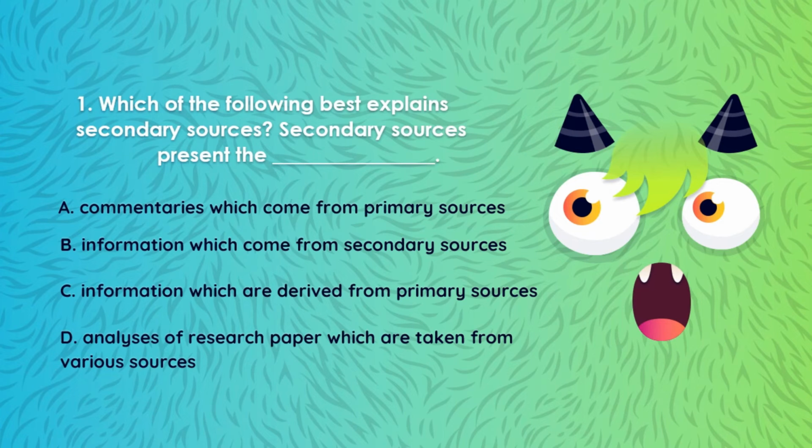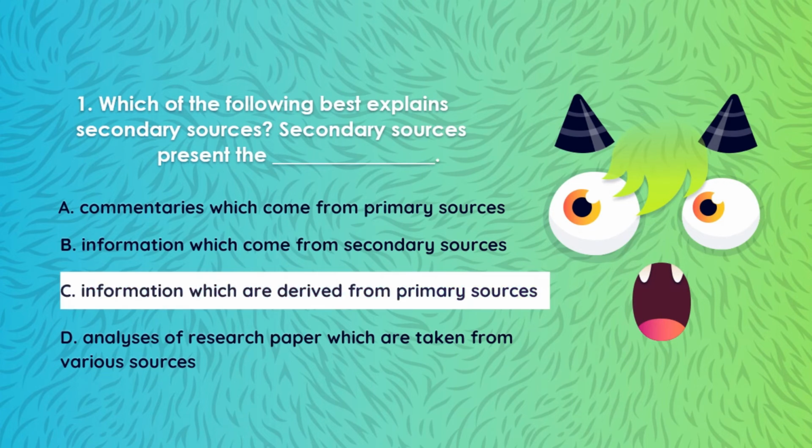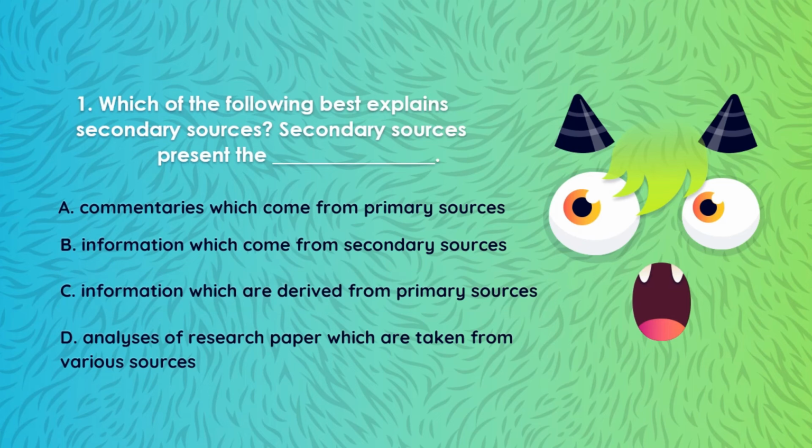B. Information which come from secondary sources. C. Information which are derived from primary sources. D. Analysis of research paper which are taken from various sources. And the correct answer is C.